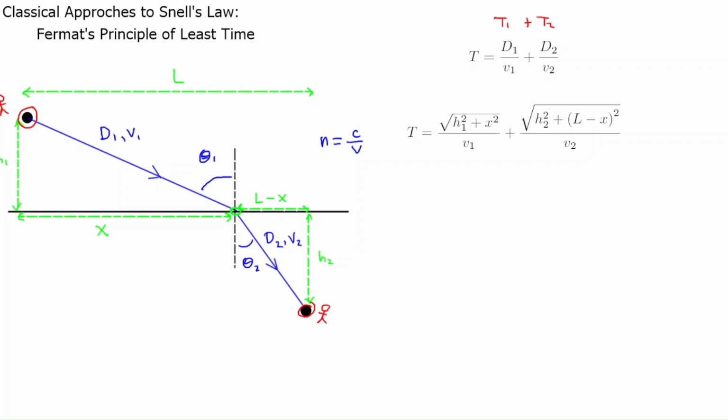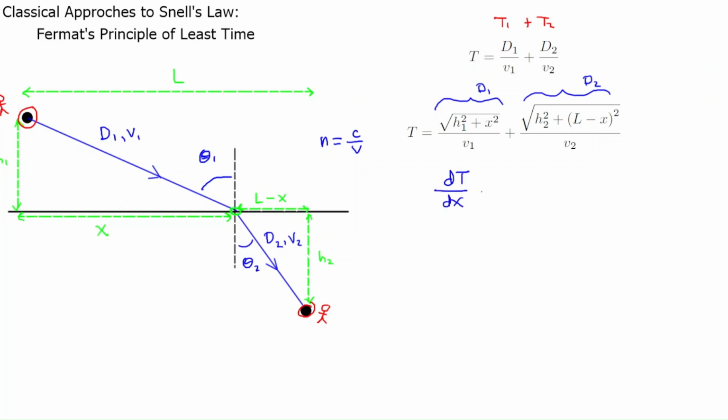Now let's express each of these diagonal distances using the Pythagorean theorem. You can see here that d1 is the square root of h1 squared plus x squared, and likewise we have this other square root, the Pythagorean theorem for d2. Now what we want to do next is find a minimum value for time.